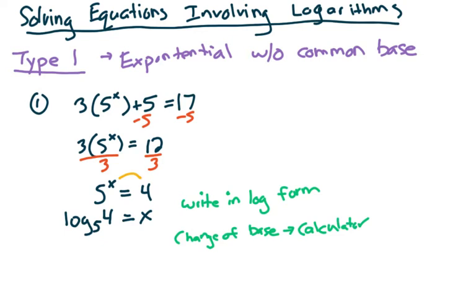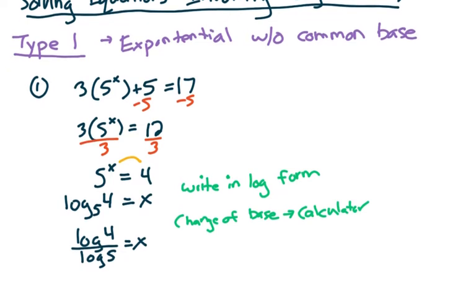So the change of base formula for the left-hand side would then be log of 4 divided by log of 5. And when we stick this in our calculator, we should get 0.861 equals x. We'll round to 3 decimal points.